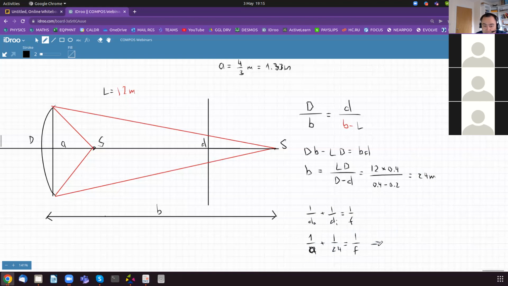So from here, 1 on a is equal to 1 minus 23 24ths, so a is 24 23rds, which is roughly 1.043 meters. Okay.